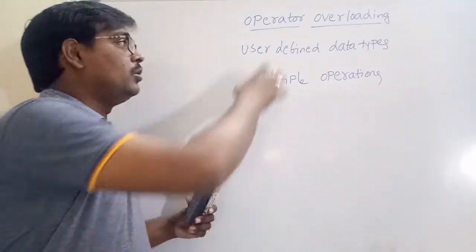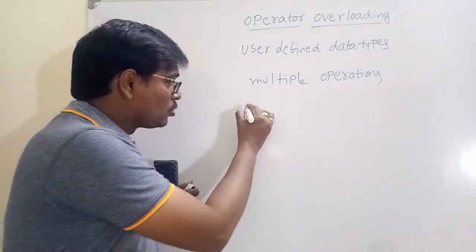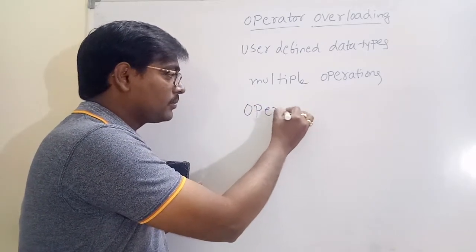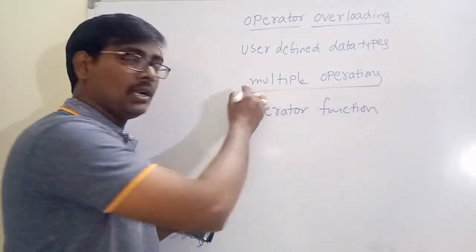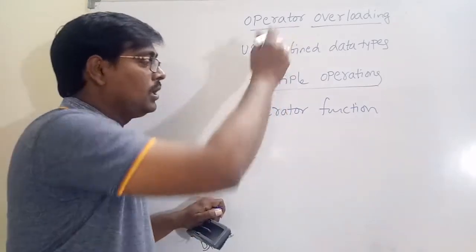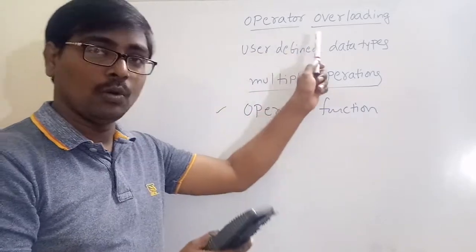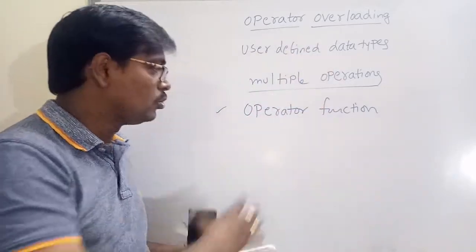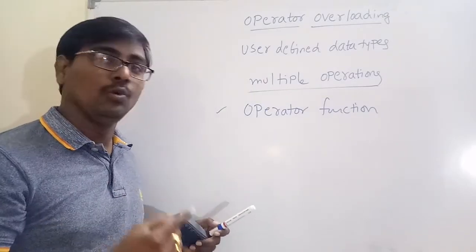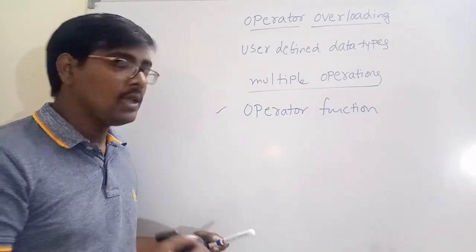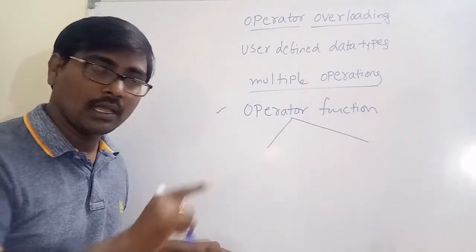Now, what to do? To perform operator overloading, the user has to create an operator function. This is very important. A simple definition: multiple operations is called overloading. Now, how to create an operator function?